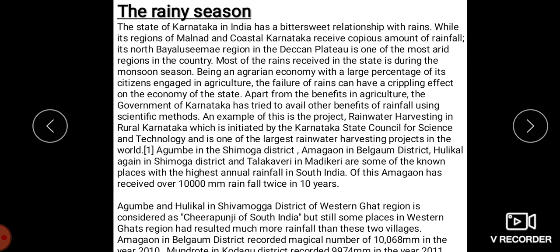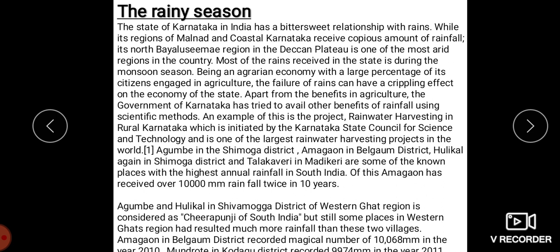Most of the rains received in the state are during the monsoon season. Being an agrarian economy with a large percentage of its citizens engaged in agriculture, the failure of rains can have a crippling effect on the economy of the state.